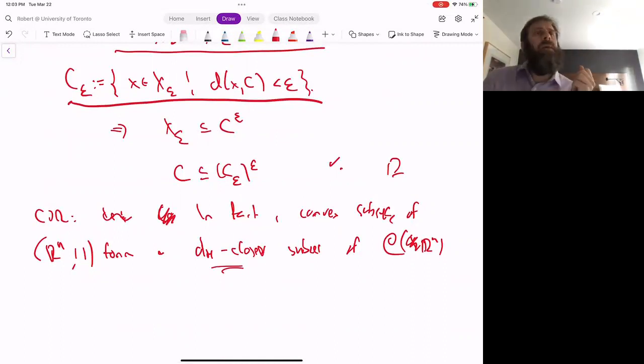And how to think about Blaschke's theorem is: convex sets, if they're smooth, are characterized by the second derivative being positive, when you write the boundary as a local graph over the tangent space.